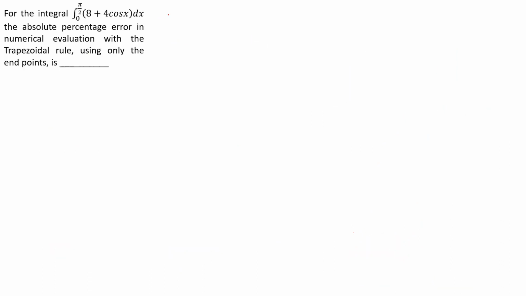So now knowing this, let's see how we can solve this question. We have been given this function f of x, which we can call y, as 8 plus 4 times cos of x. We are supposed to integrate f of x from 0 to pi by 2. So our lower limit becomes 0 and our upper limit becomes pi by 2.